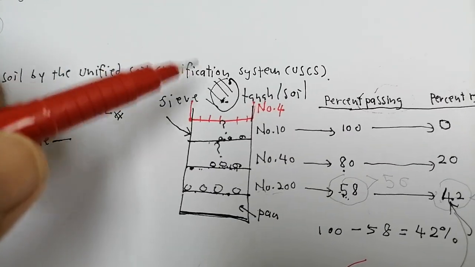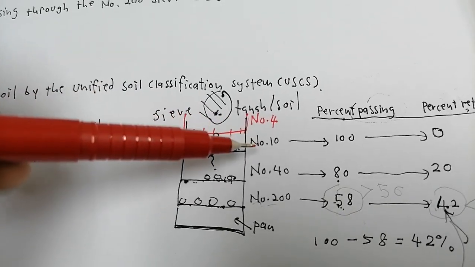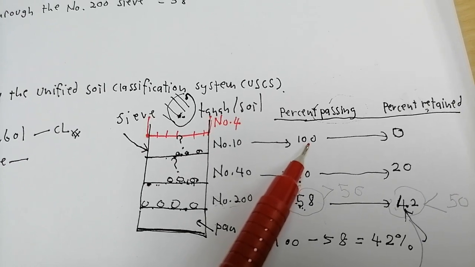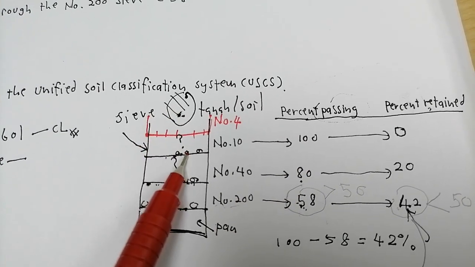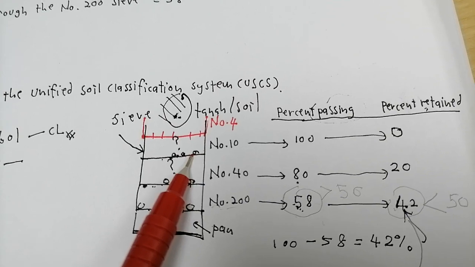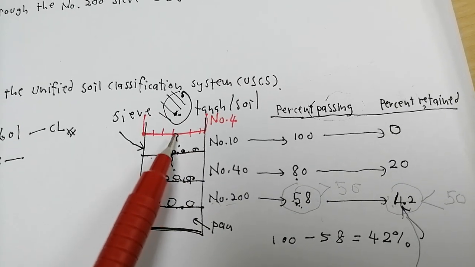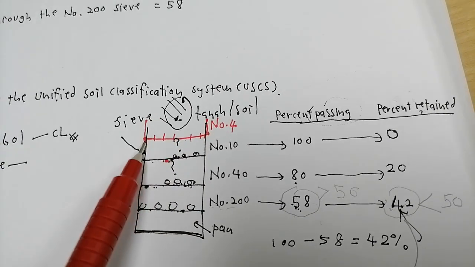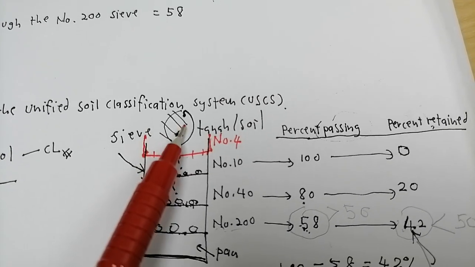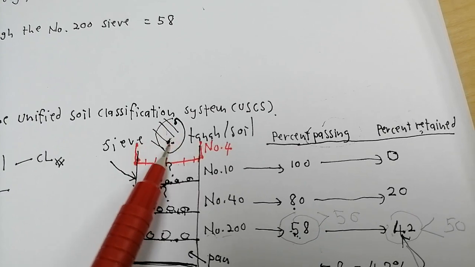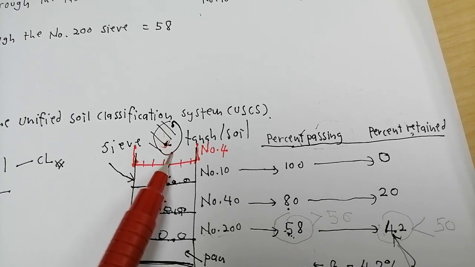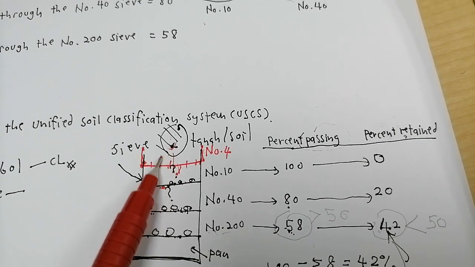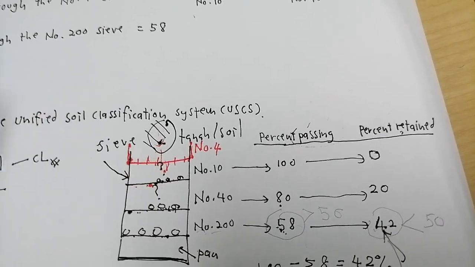Okay. Cara dia, awak tengok ni number 10, 100% tanah ni akan melepasi number 10 yang bukaan dia lebih kecil daripada number 4. So, kalau kita ada sieve number 4 dekat atas ni, dah tentulah, of course, all the soil will pass through number 4 sieve.